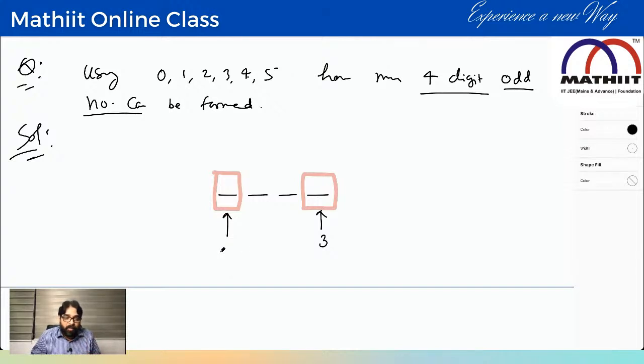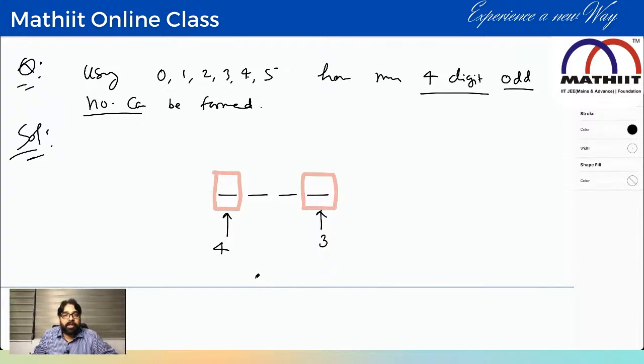If you say 3 ways, in how many ways can the first place come? So 3 ways means one of these is gone, and 0 I cannot take. So this place I can fill in only 4 ways.